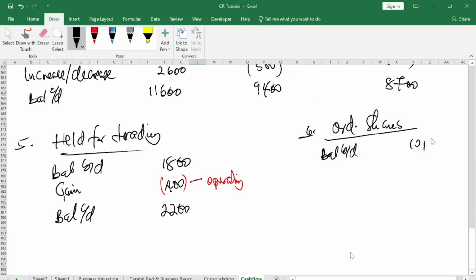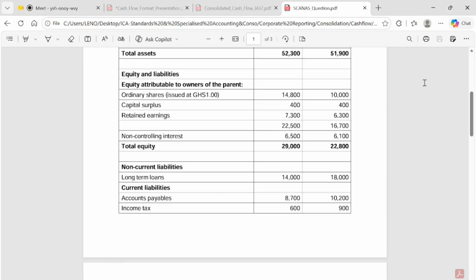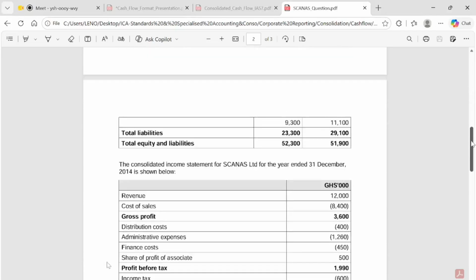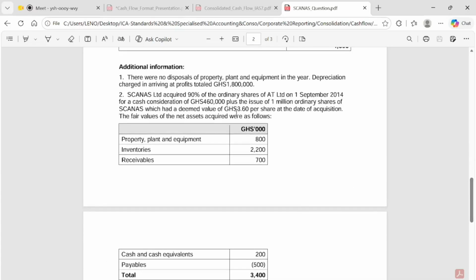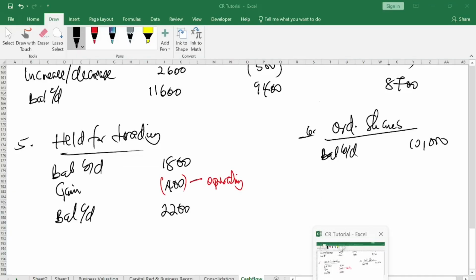Let us go into the question and find out whether we issued shares to other persons. When we were buying the subsidiary, the new company, we issued 1 million shares in cash. We multiply by 3.6, which gives you 3,600.